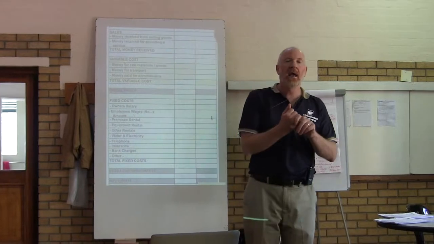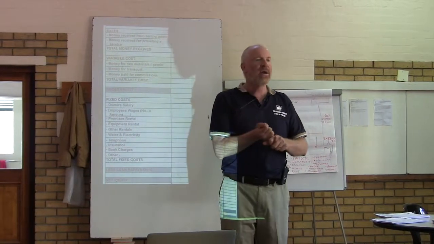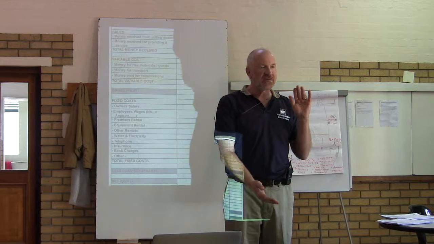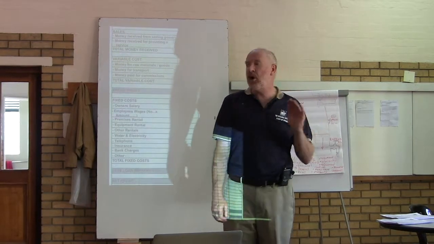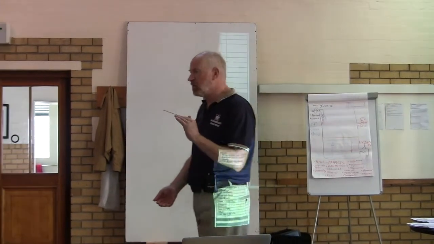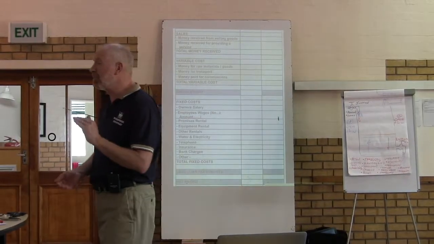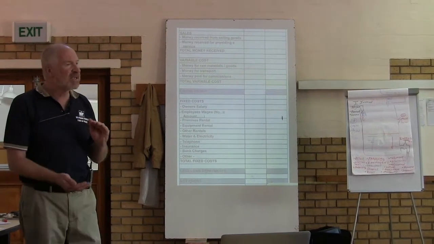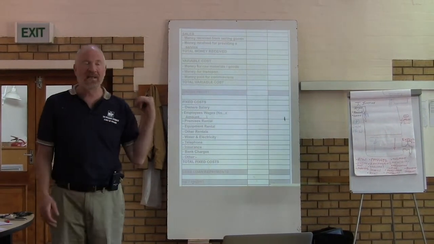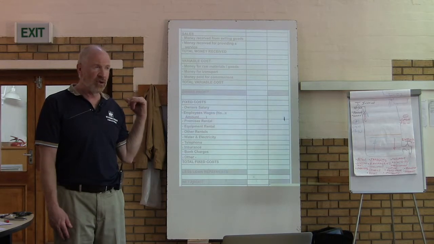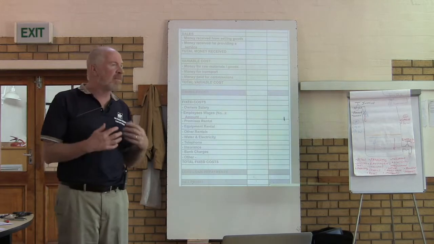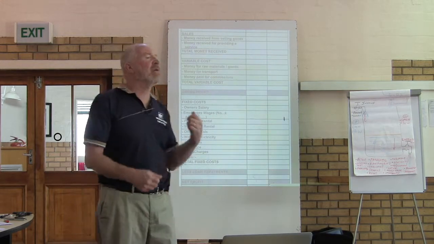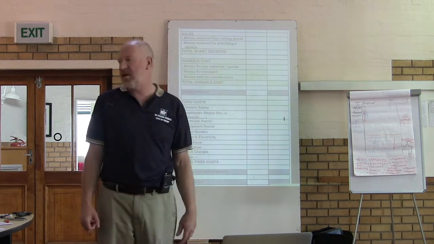Okay, so sometimes we don't want to have a wage bill. We want to employ people, but we don't want to be paying them on a monthly basis. So what we do is we say to them, and this is why it's put under variable costs, by the way, because normally wages are put under fixed costs, I am going to give you 10 Rand, just using that as a figure, for every product you sell.